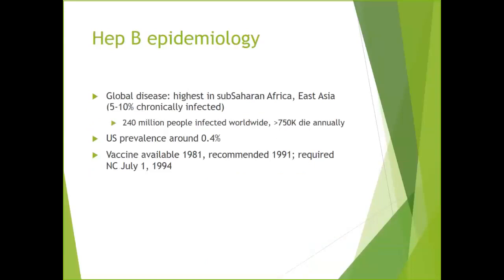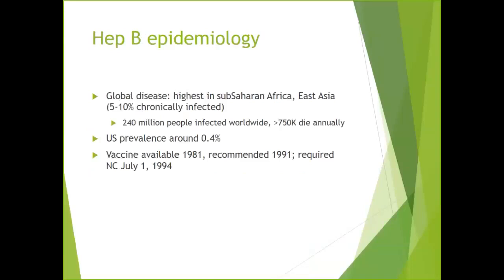Hepatitis B has a global distribution. It's really highest in sub-Saharan Africa and East Asia, where about 5 to 10% of the population is chronically infected. It's responsible for 750,000 people dying annually. In the U.S., our prevalence is around 0.4%. We are seeing an increase in acute hepatitis B in our younger population, mostly related to injection drug use and people who use drugs.